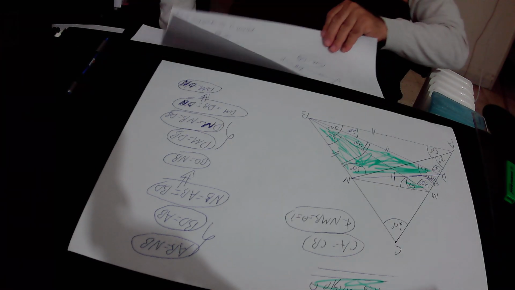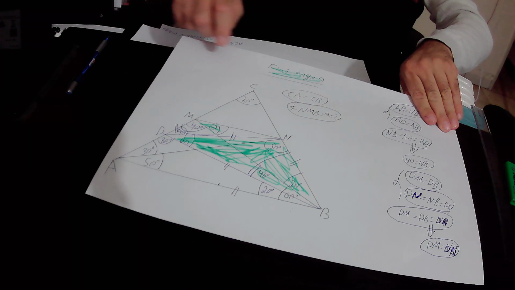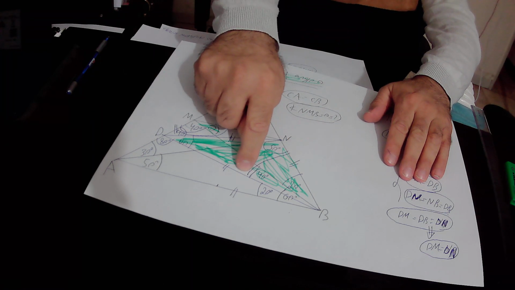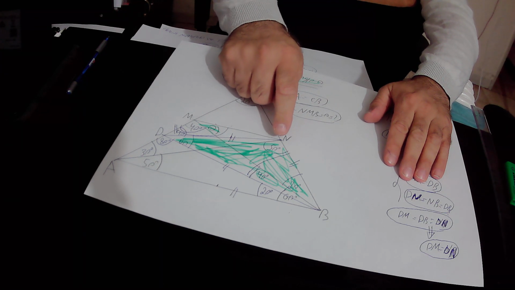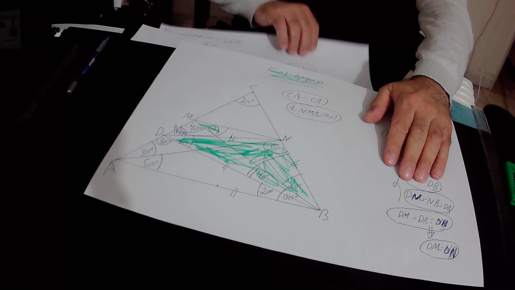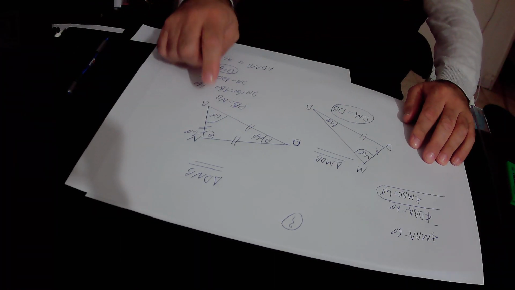It's very easy to see. This is angle NBD. It is equal to 20 degrees plus 40 degrees, which is 60 degrees. So this angle NBD equals 60 degrees.